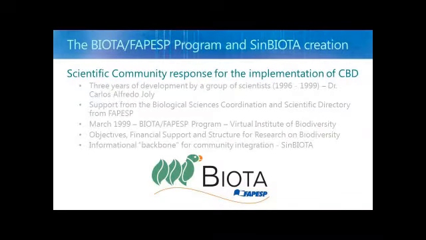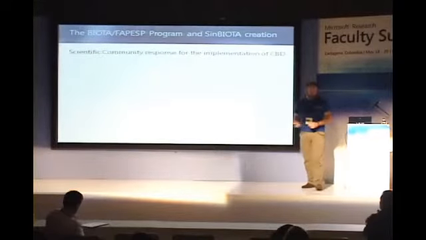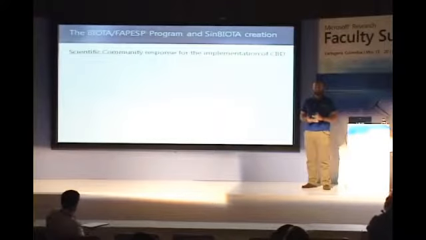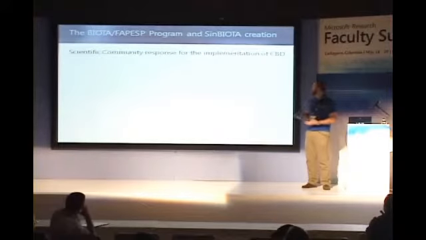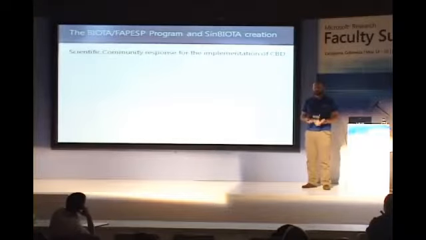Well, around 1995, 96, a group of scientists were very concerned about what's happening in the world in the sense of conventions were being signed, and especially the Convention on Biodiversity, and we had to have the capacity to give answers to the community.